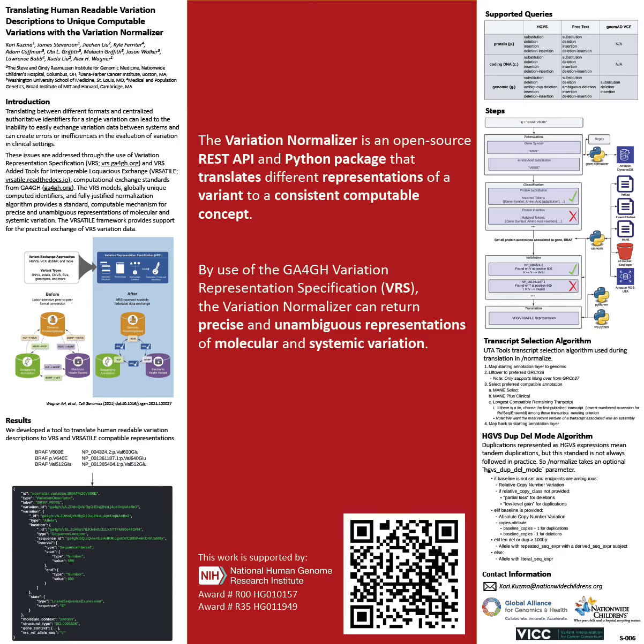We also have an internal algorithm for representing HGVS duplications and deletions. Duplications represented as HGVS expressions mean tandem duplications, but this standard is not always followed in practice, so the normalize endpoint takes an optional HGVS dup/del mode parameter. Here I will describe the default mode. If baseline copies are not set and endpoints are ambiguous, it's a relative copy number variation.